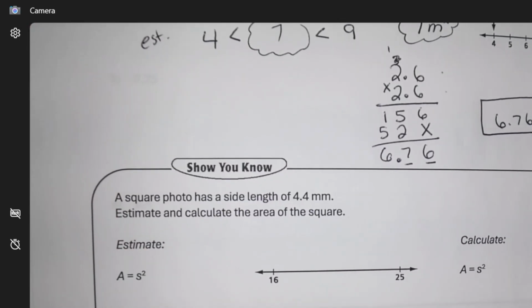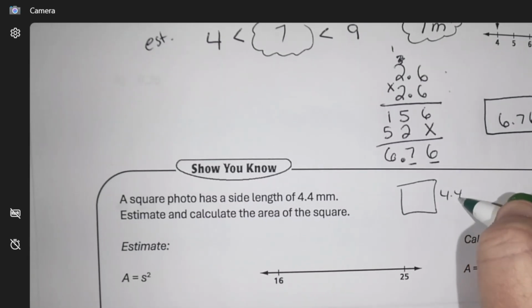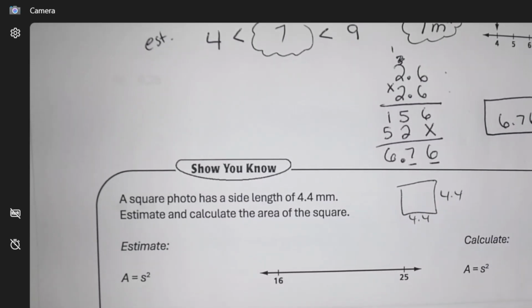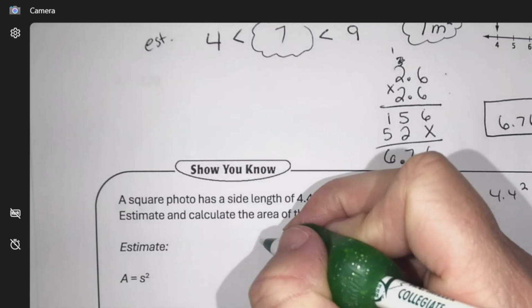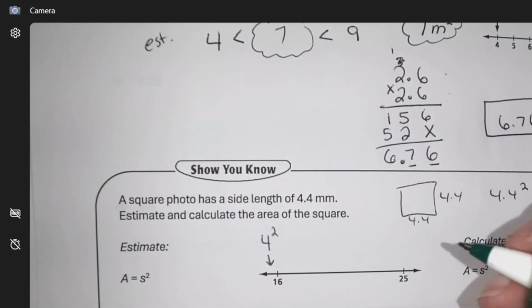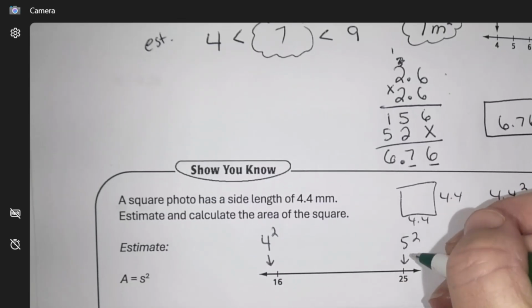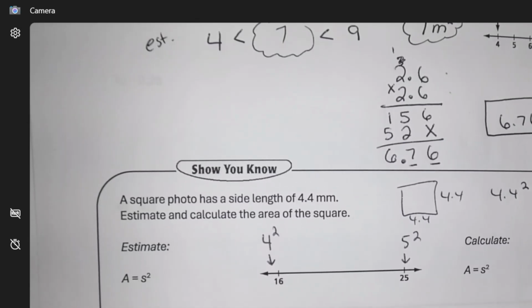Okay, same idea. We're going to do one more. We have the same thing, a square. It's 4.4 times 4.4. That's the area, so 4.4 squared. I'm going to say it's bigger than 4 squared and less than 5 squared. Which one do you want to lean towards? It's almost centered, right?